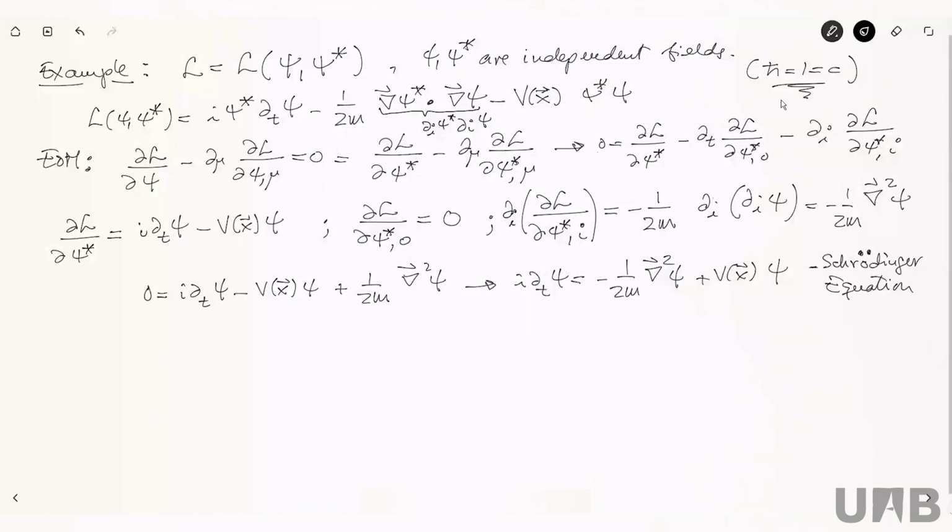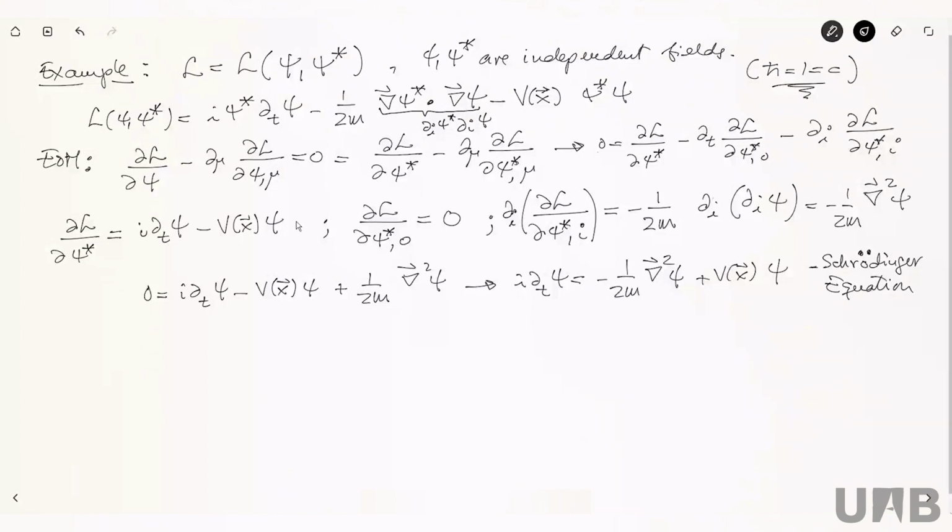Now, so this is interesting, right? Because now it looks as if we have a classical field equation, classical field theory, which is equivalent to Schrödinger's equation, at least for psi. And now, of course, this was only one of the two equations because we have two fields, psi and psi star. And we only computed the Euler-Lagrange equation for psi star.